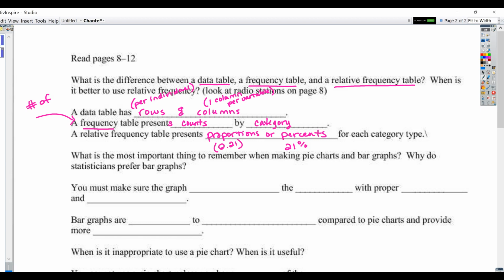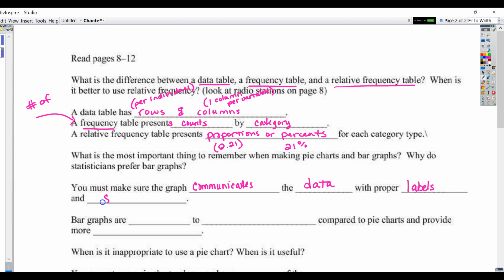Okay, so what is the most important thing to remember when making pie charts and graphs? Why do statisticians prefer bar graphs? So here's a little bit of information. You must make sure the graph communicates the data with proper labels and scales.